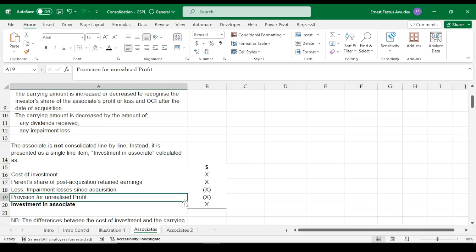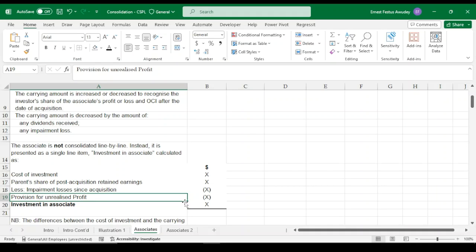You start off with the cost of the investment in the associate. You add any profit the associate has made within the post-acquisition period. You less impairment losses since acquisition of the associate, and then you also adjust for any unrealized profits on inventory that has been left within the parent's books at the year end.